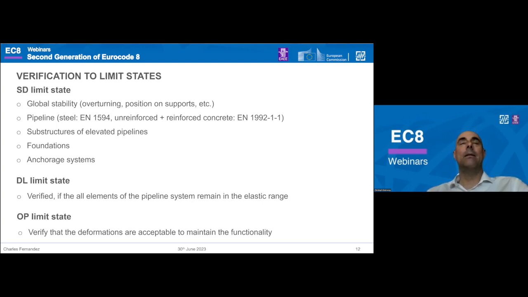And here, the main issue is that we have to check that the deformations will not influence the functionality of the pipeline. So I think for pipelines, it's much more important because usually they are part of the infrastructure, and the functionality after an earthquake has a higher priority than a single building, of course.